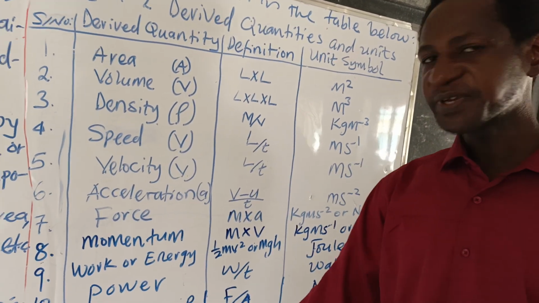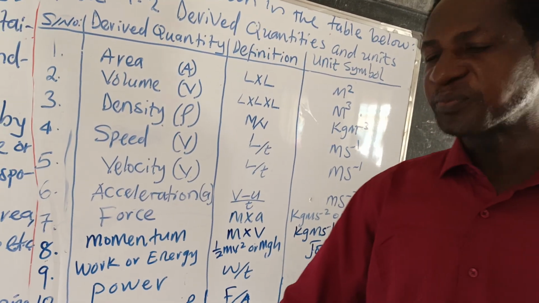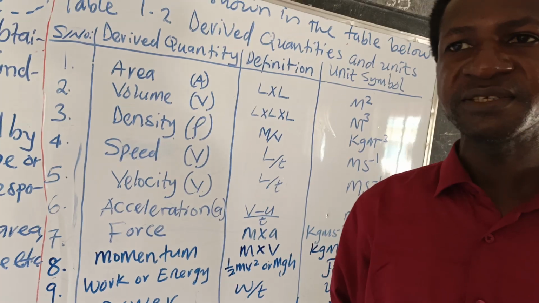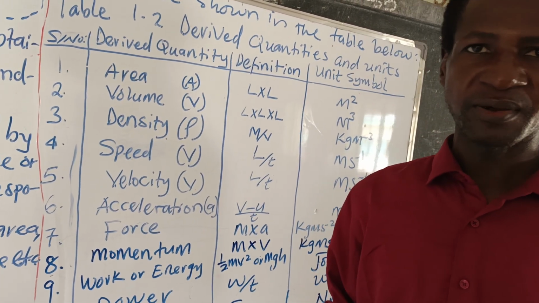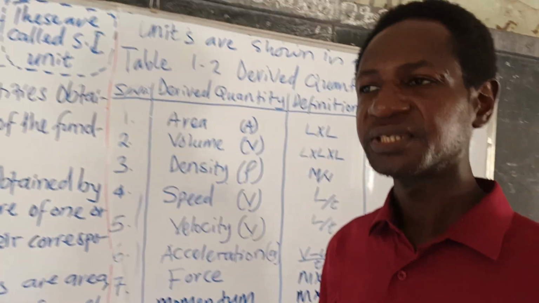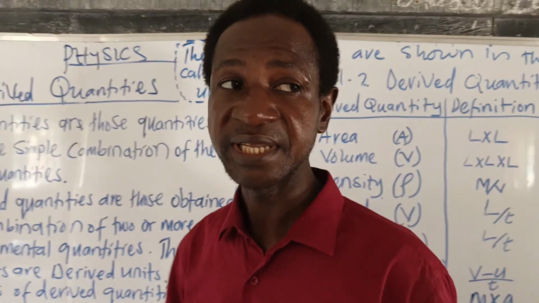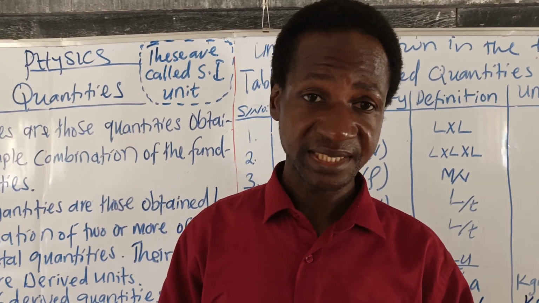In scientific measurement, the system of units accepted internationally is called the International System of Units, also called Standard International Units. They are universally accepted. Anywhere you go, they are how they are.